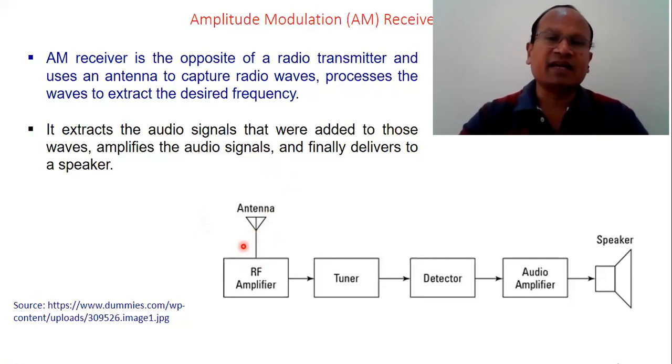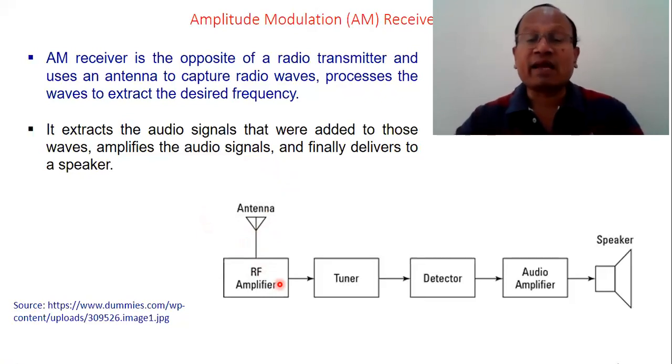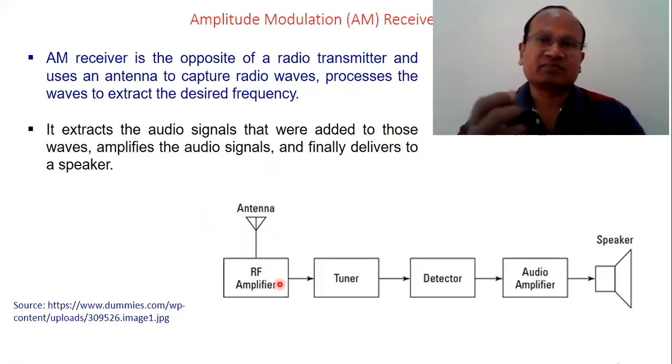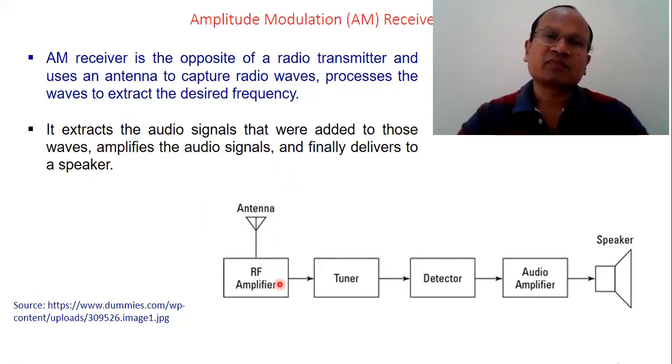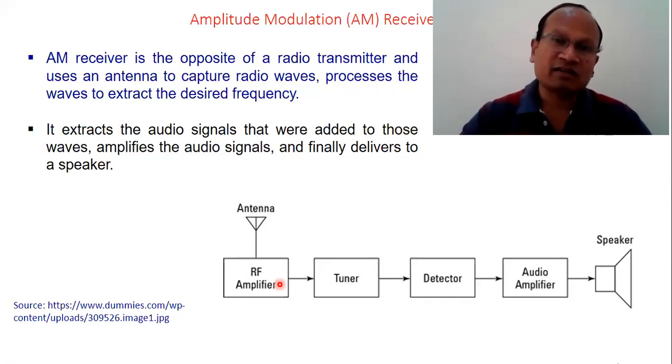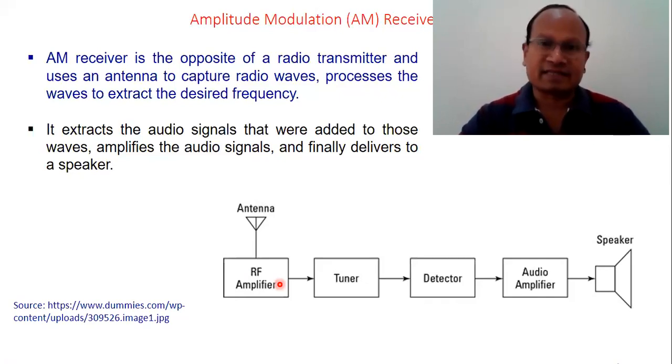We will discuss this in detail when we move ahead. Sensitivity is an important term. Sensitivity is the ability to detect and amplify the weakest signal. Suppose in the input signal there are some strong signals, but in some areas the signal strength is weak. When we do not use an RF amplifier kind of device, that weak signal will not get selected and amplified and will not be sent to the further stages.